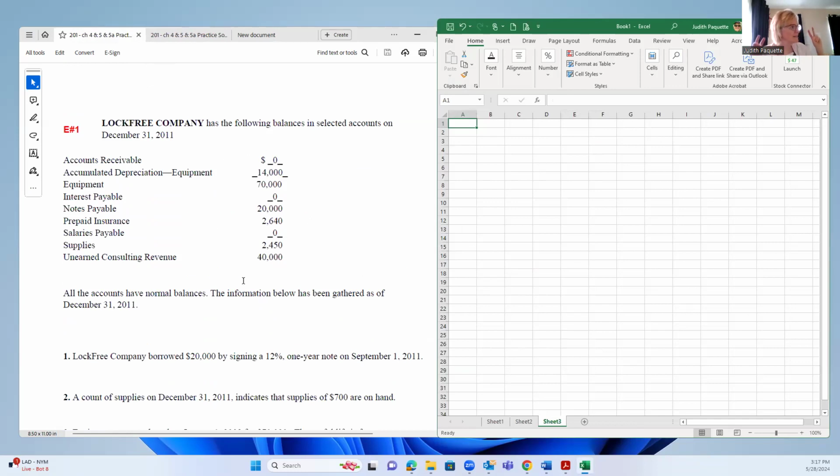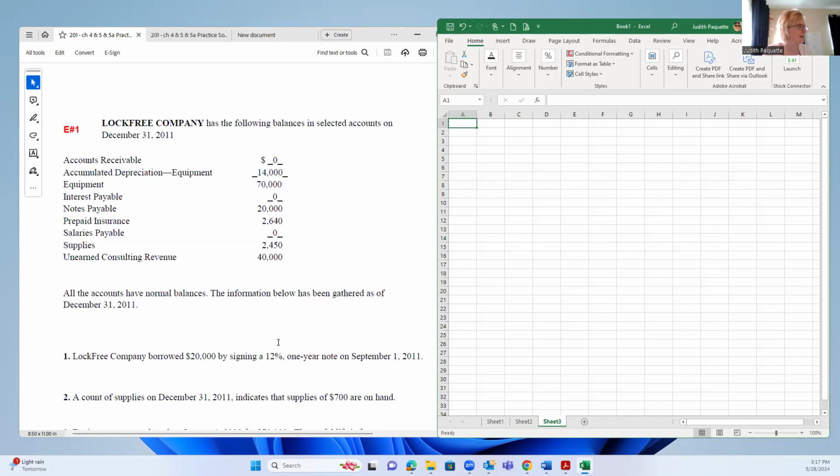All right. So we have a selected list of accounts, okay? And it's your job to know whether it's a debit balance or a credit balance. So accounts receivable is at 0, accumulated depreciation should be credit, and so forth. Lock Free borrowed 20,000, and you can see it's right there, by signing a 12% one-year note on September 1st.